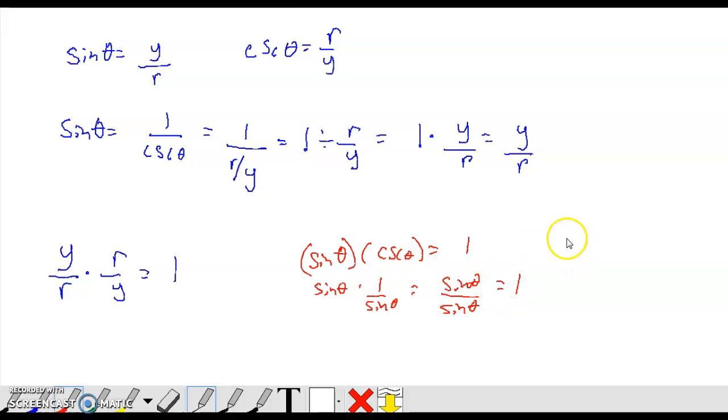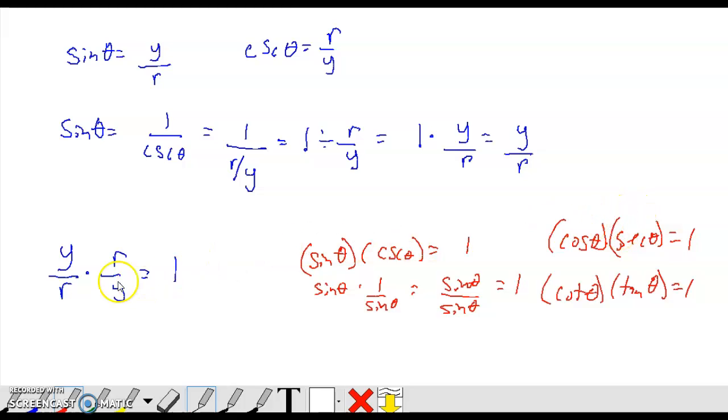What else could I say? Cosine of theta times the secant of theta gives you 1. The cotangent of theta times the tangent of theta again gives us 1, because we can replace all of those reciprocals.